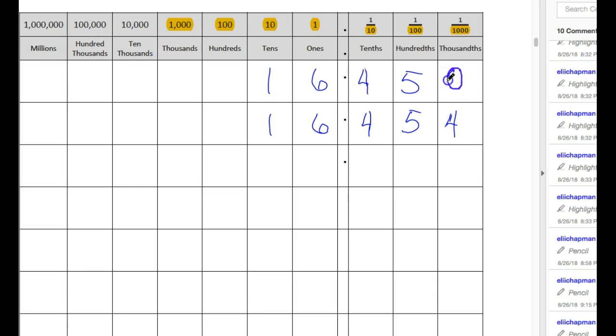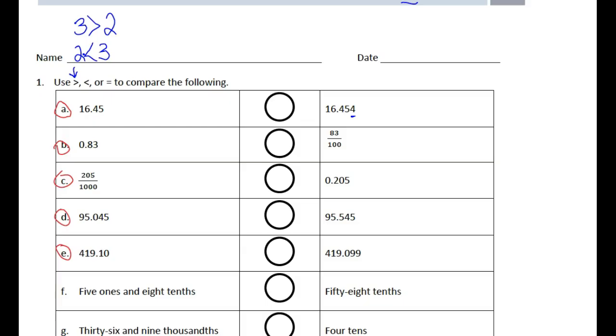This one has no thousandths at all. And so this number as a whole is larger than the other one because it has more pieces to it. So we're going to say this one is bigger, so it has the bigger opening. The small point points at the little one.